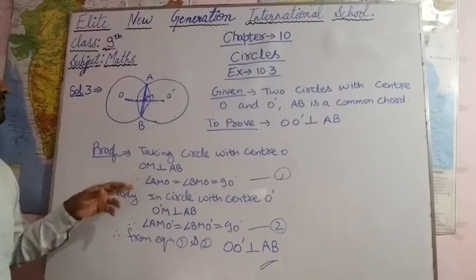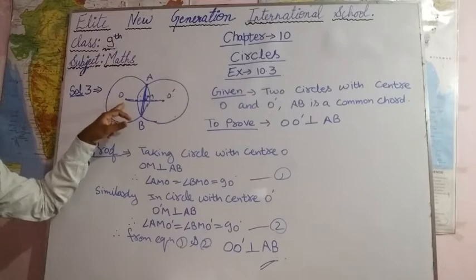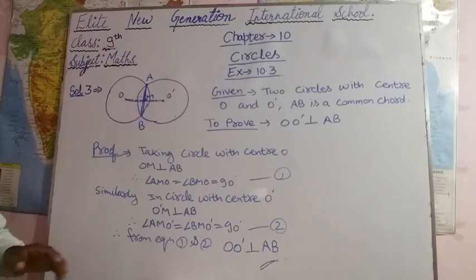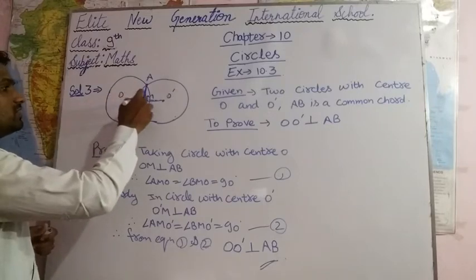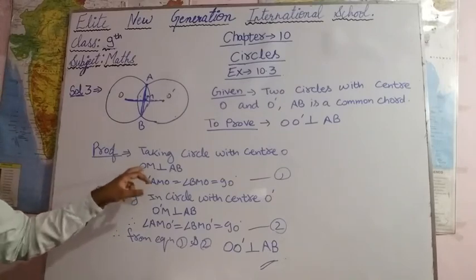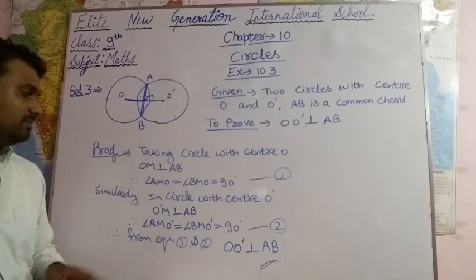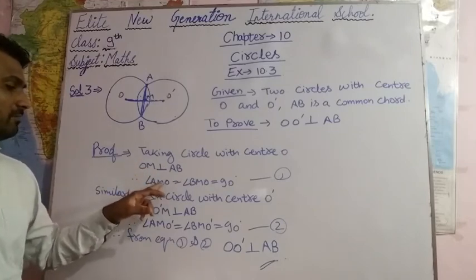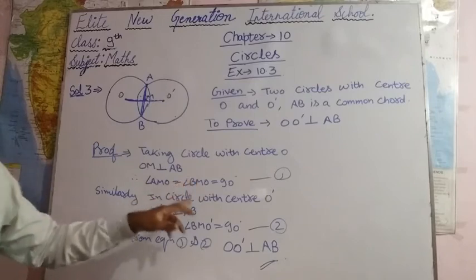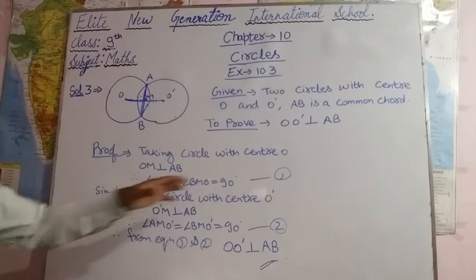We have one theorem that a line drawn from the center of a circle to the chord is perpendicular to the chord. Therefore OM is perpendicular to AB, and so angle AMO equals angle BMO equals 90 degrees. This is equation number 1.